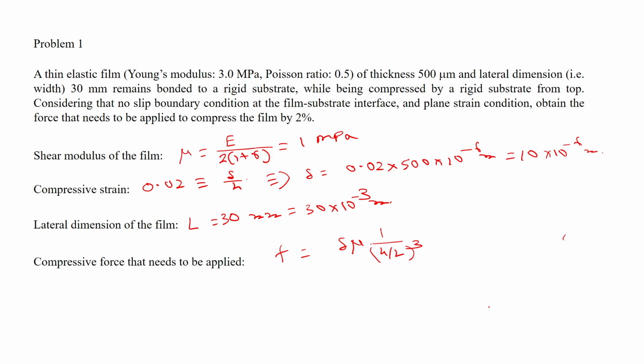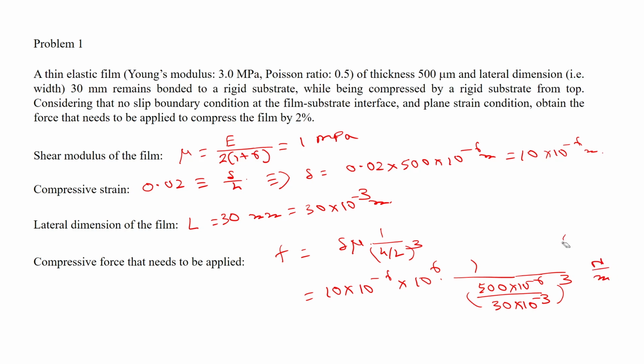So, now delta is 10 micron, so 10 into 10 to the power minus 6, and mu is 1 megapascal, 10 to the power 6, into the inverse of H by L. The thickness of the film is 500 into 10 to the power minus 6 and L is 30 into 10 to the power minus 3, whole cube. This is the force that needs to be applied per meter width of the film, so it is Newton per meter.